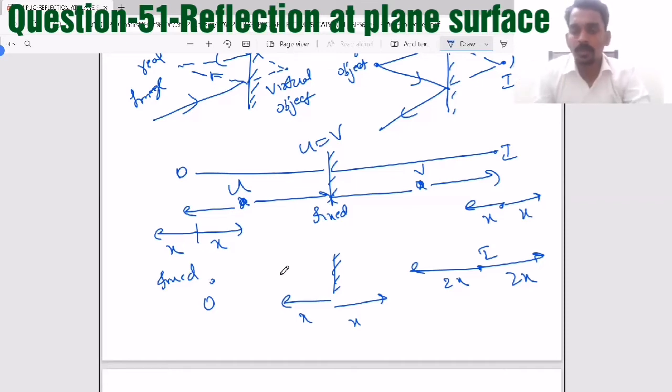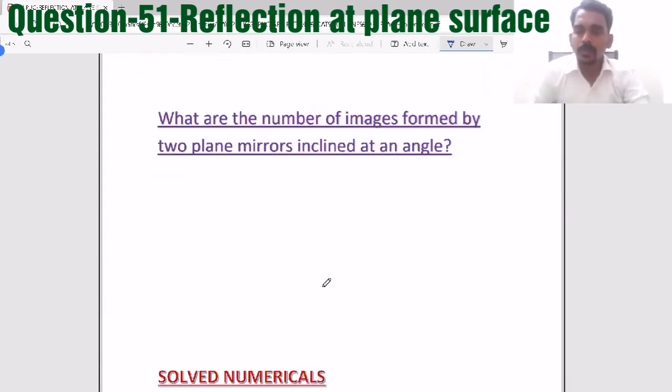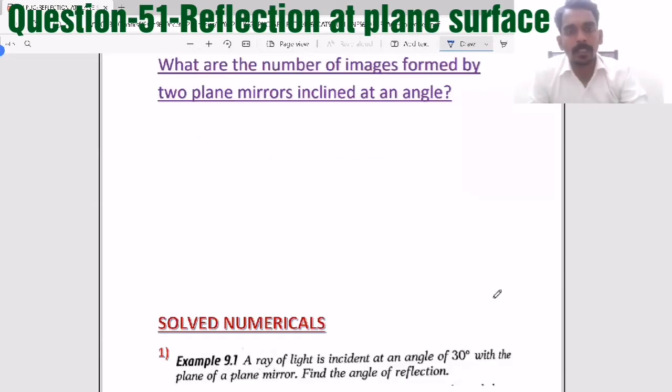That comes from here only, the basic thing. Like what is the difference between virtual object, virtual image and real object and real image. Those differences will be there in every case.